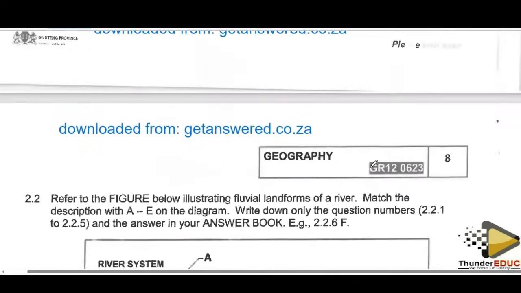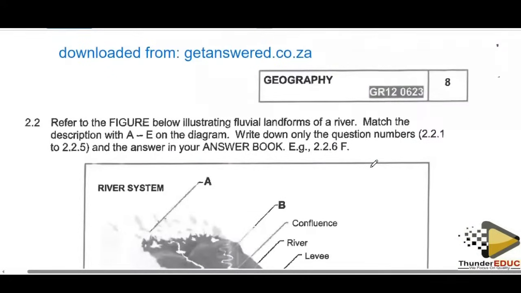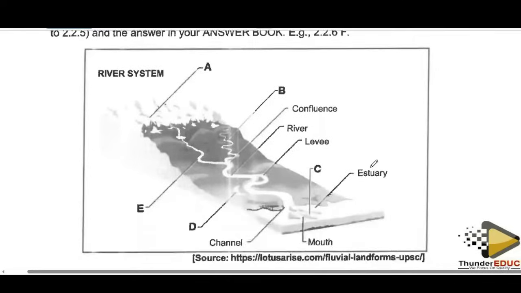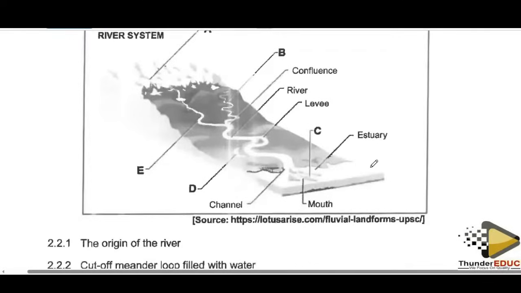All right, let's proceed to question 2.2, which says, refer to the figure below illustrating fluvial landforms of a river. Match the description with A to E on the diagram. Write down only the question numbers 2.2.1 to 2.2.5 and the answer in your answer book. All right, so this is our figure below.